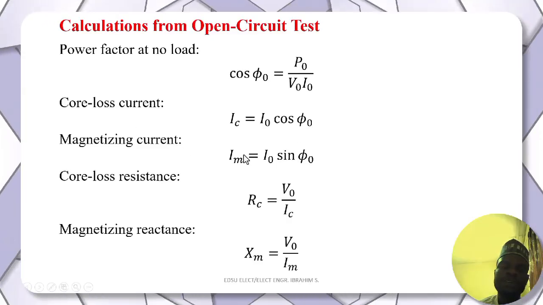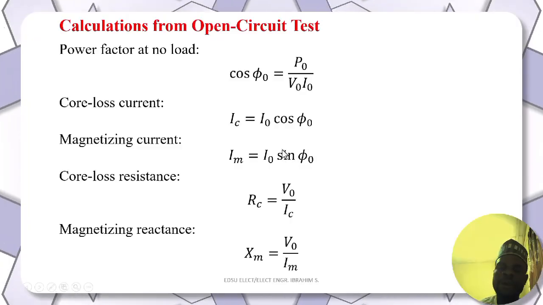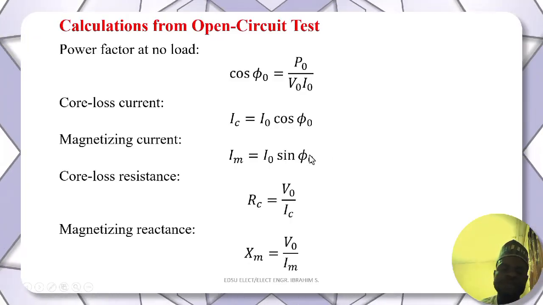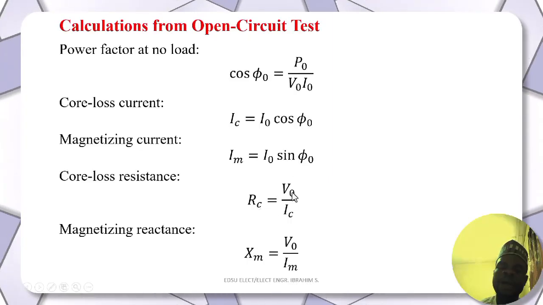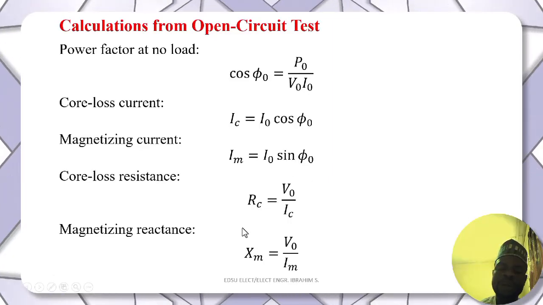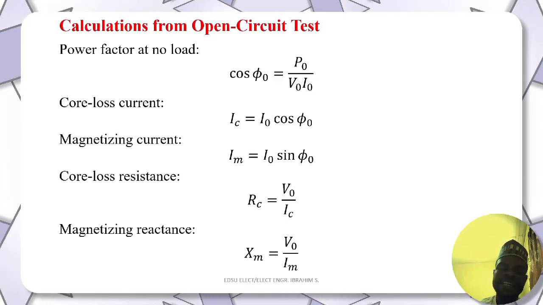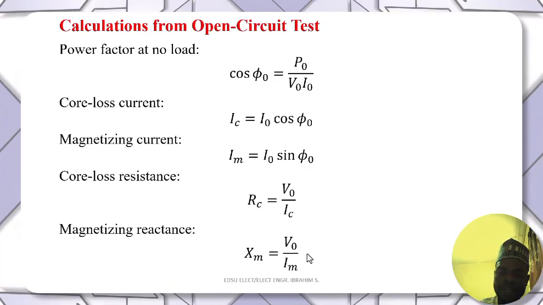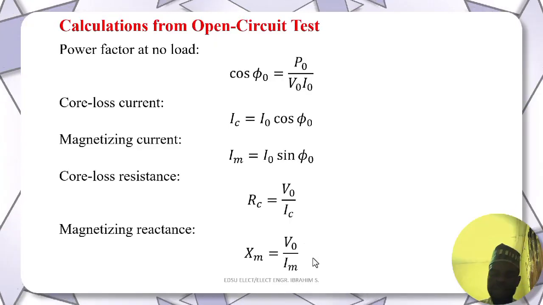The magnetizing current, which is IM, is our open circuit current multiplied by sine of this angle. Then core loss resistance RC is our open circuit voltage divided by our IC. The magnetizing reactance XM equals our open circuit voltage divided by our magnetizing current.